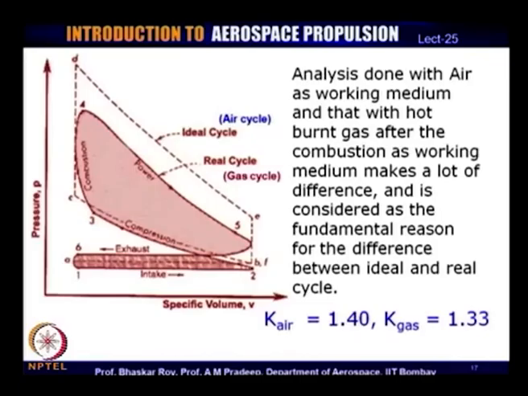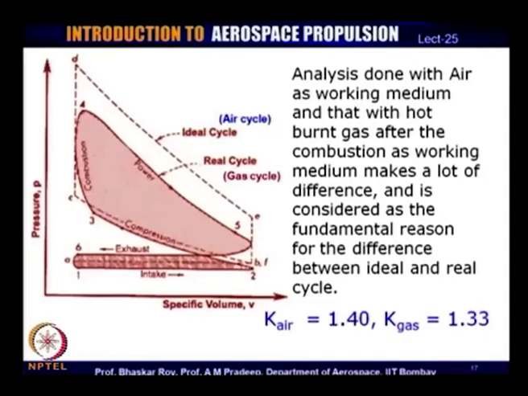Inside the cylinder, fuel has been burned, gas has been created, and actual operation of the cycle, especially from point 4 to point 5 and through the exhaust, is not air, it is gas, a combination of air and burned fuel. So, what we have from 4 downwards, 4 to 5 and then on to 6 is actually gas.